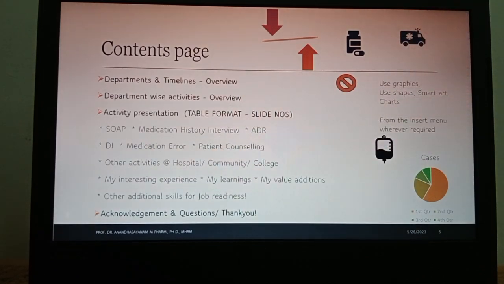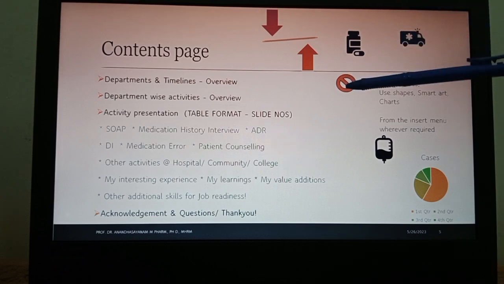Now, the contents page. Why has all this been put over here? You can use graphics, use shapes, use SmartArt, use charts, not just arrow diagrams, right? From the Insert menu of the PowerPoint home screen, you can insert whatever is required here. You can write things in a graphical form, what came down, what went up, which is high, which is low, the medication part of it, the department icons, do's and don'ts, like that.